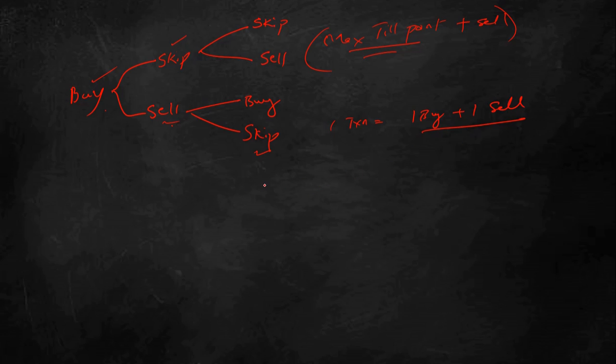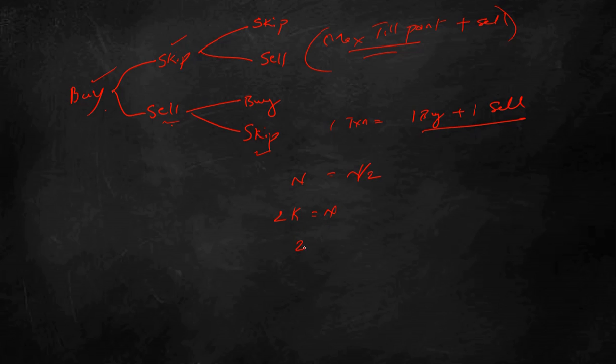So if there are n days with the prices listing that we have, in total there can be only n by 2 max transactions, right? So if I have been given k as the number of transactions that we can have, we can have at most 2k transactions for n days.